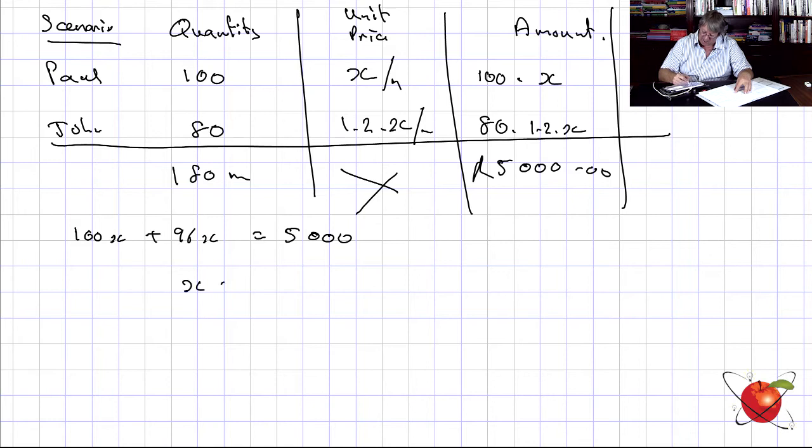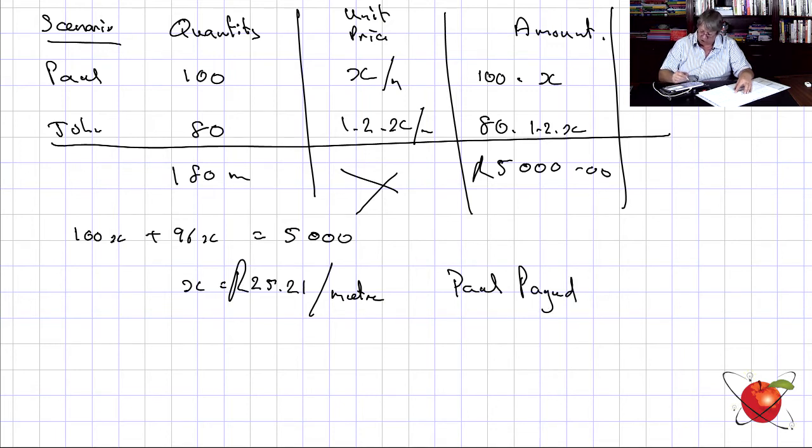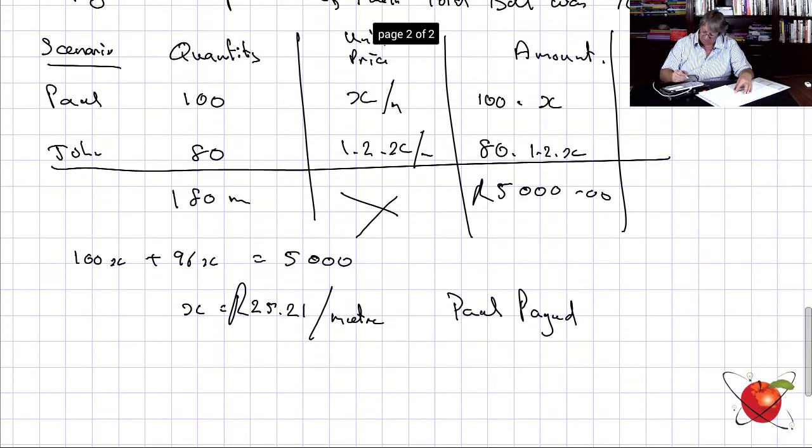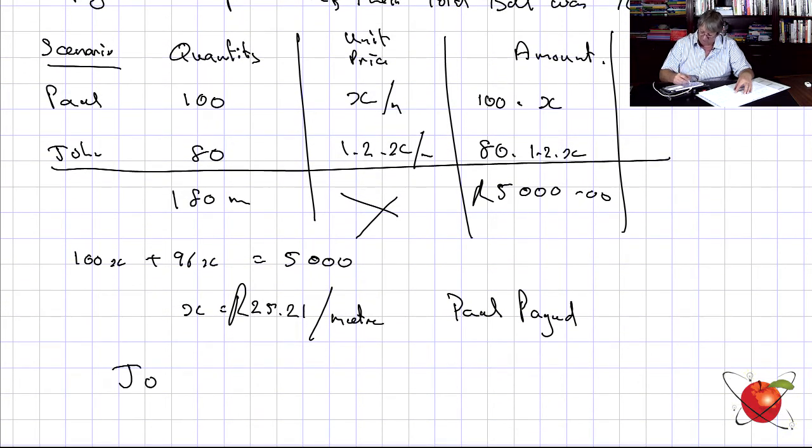And we get X equal to 25.21 per meter. Okay. And then that's how much Paul pays. Paul paid that. And John paid, how much?